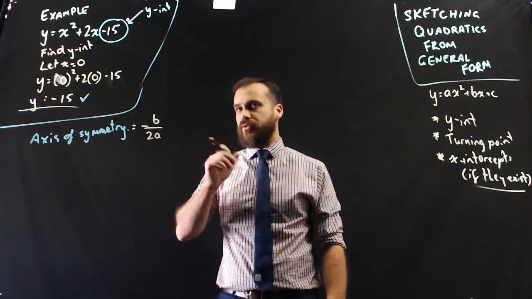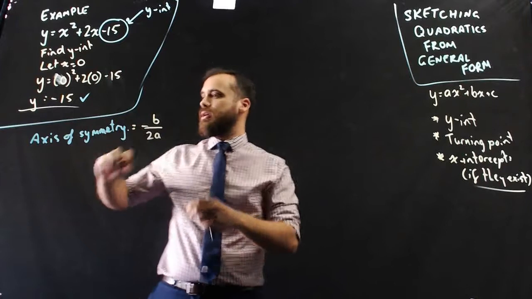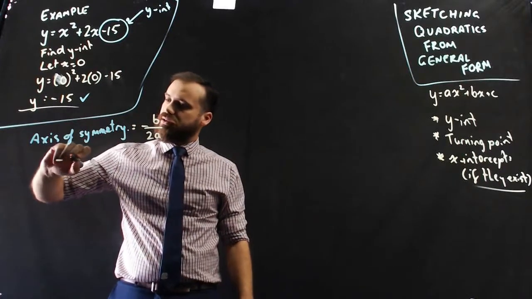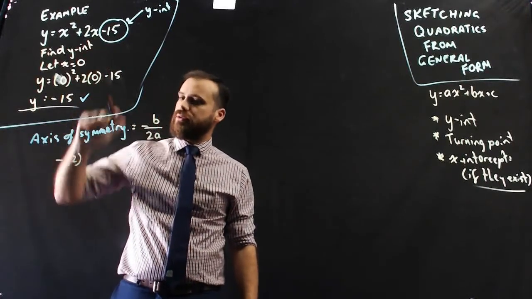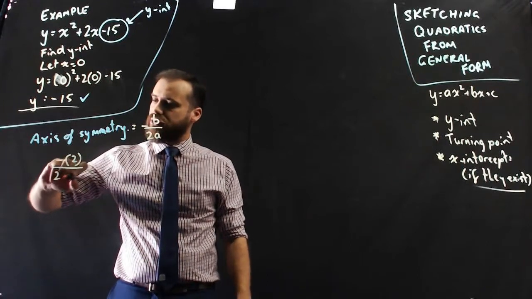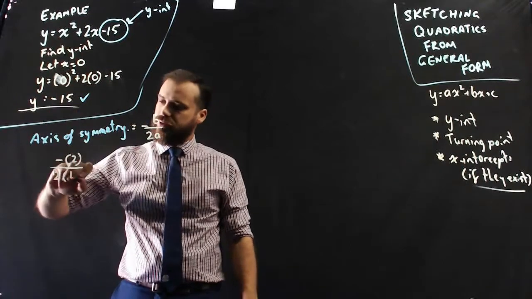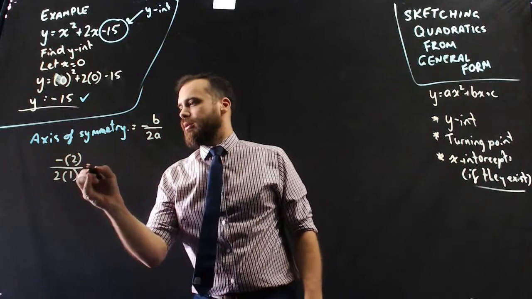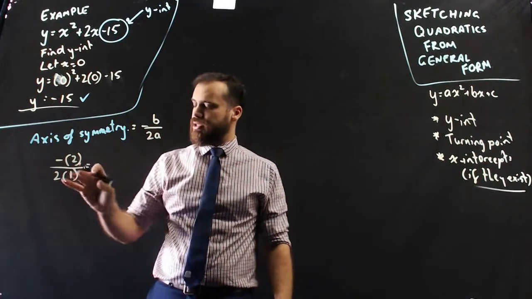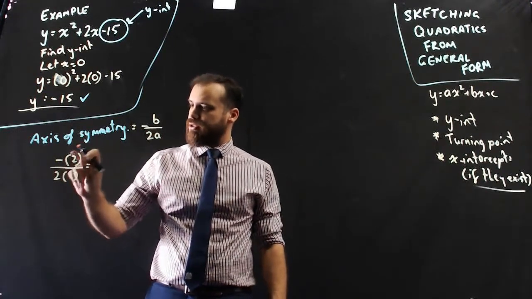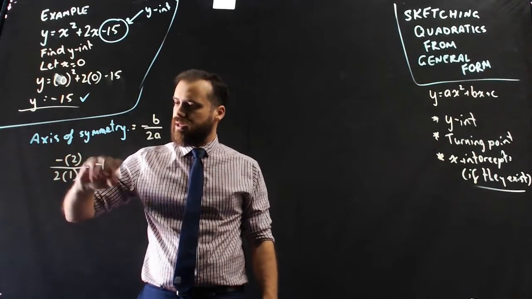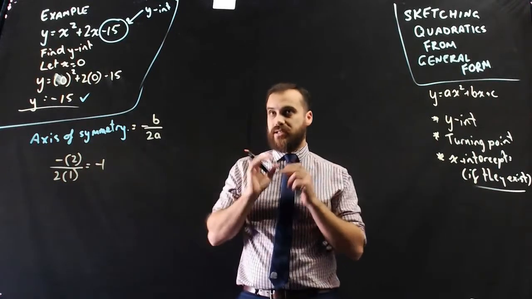So in this one, it's negative 2 over 2 times a, which is 1. So the axis of symmetry here is negative 2 over 2. The axis of symmetry is negative 1.